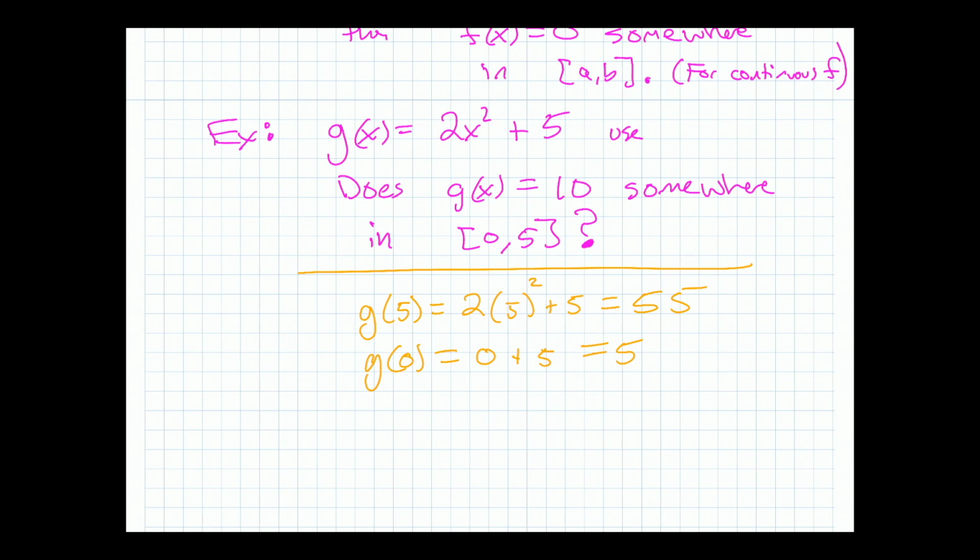Now, 10 is between these, right? So if the function goes from 5 to 55, it must go through 10. And that's the intermediate value theorem.